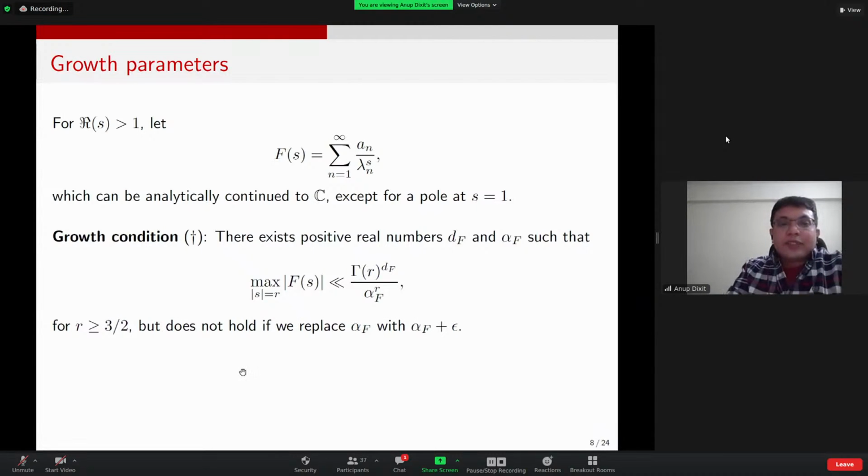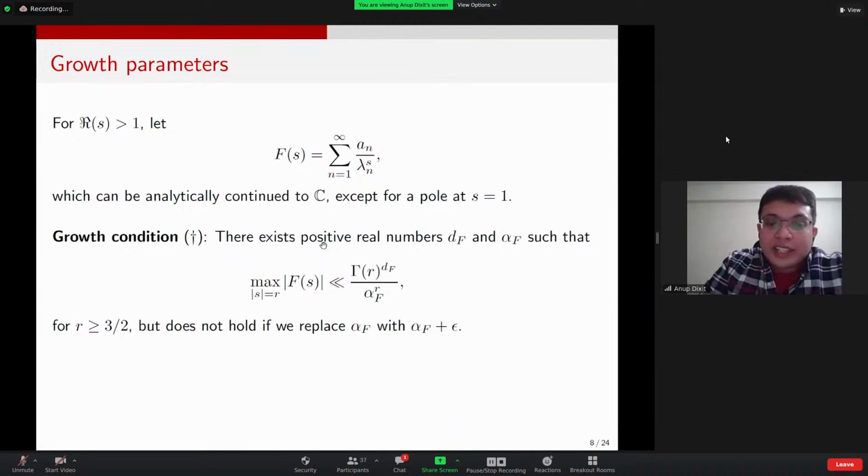Now we define this growth condition: on the circle of radius r, |f(s)| is less than gamma r to the d_f divided by alpha_f to the r. So this holds, but if I replace alpha_f with alpha_f plus epsilon, this condition no longer holds. As soon as I make the growth slightly larger it fails, so this is really the optimal growth which is attained.